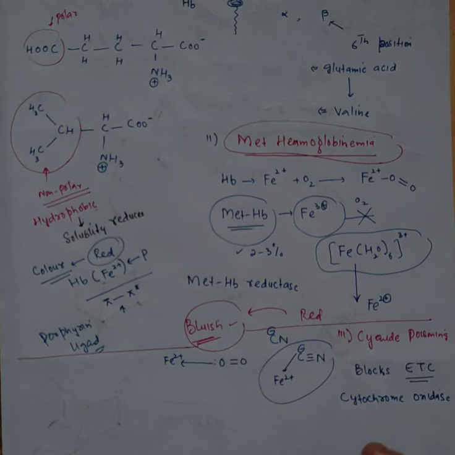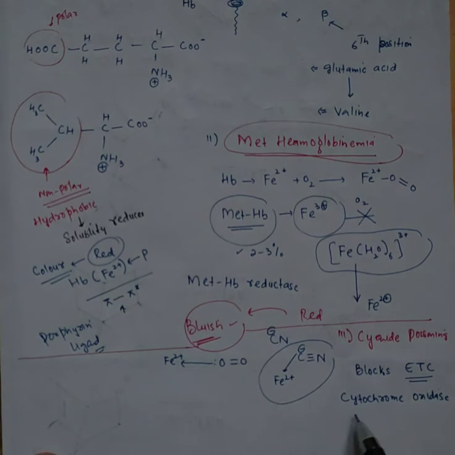Now that cytochrome oxidase has an important role. The cytochrome oxidase basically oxidizes your species, and then there is generation of ATP molecules inside the mitochondria. So now this cyanide prevents the cells from using the oxygen.